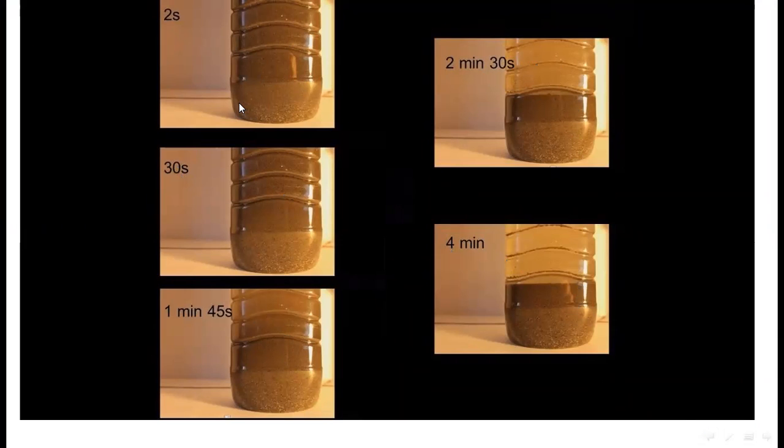So these images show you the process of decantation or sedimentation. Here, like sand, we put it in a liquid or water. After we give it some time, all the sand particles settle down. So this process is called sedimentation and decantation.